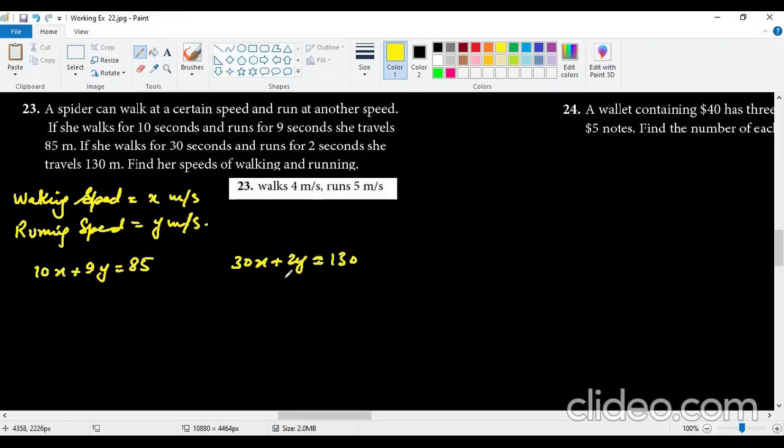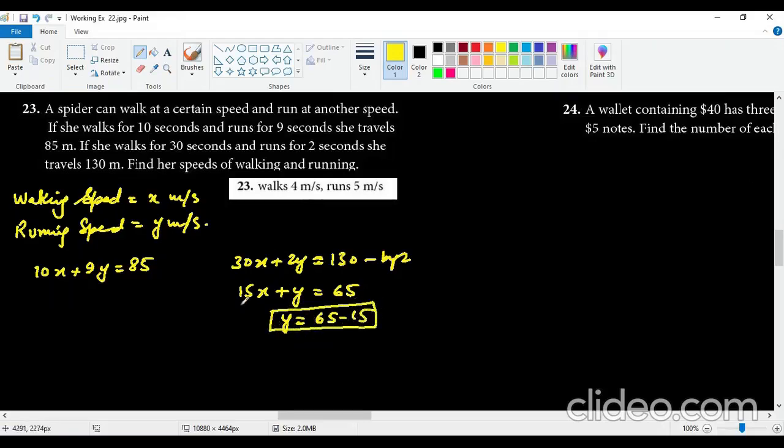Now, according to the second condition, I will go for division by 2. So that is going to give us 15x plus y equals 65. Or in other words, y equals 65 minus 15x.